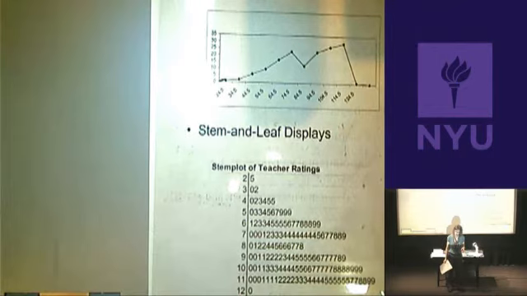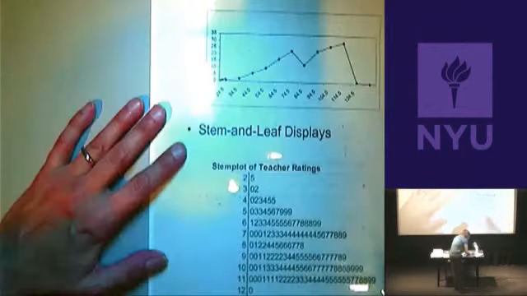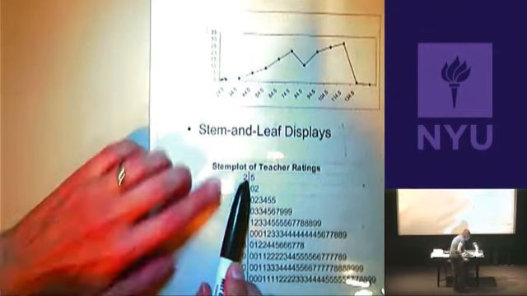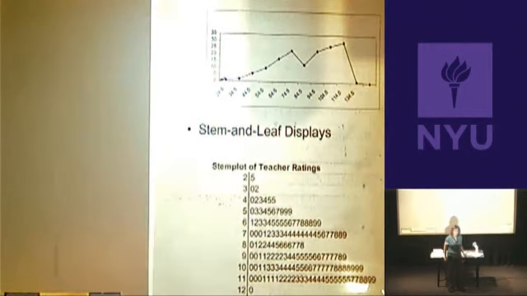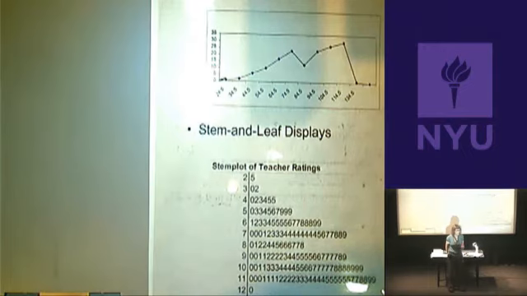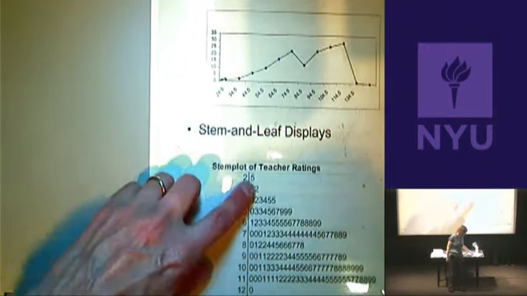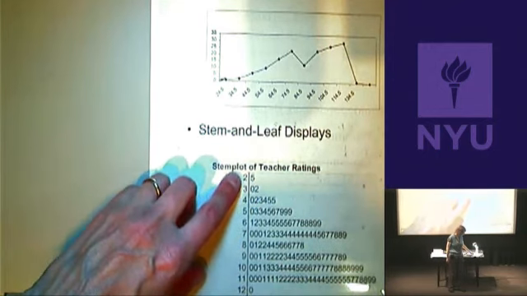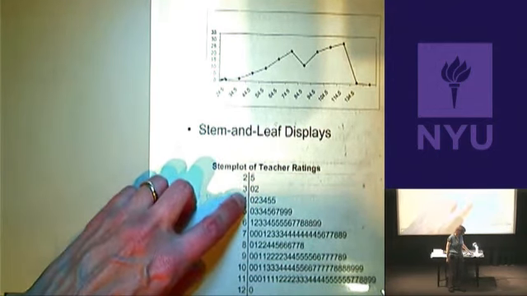Okay? Look at the first one, a 2 and a 5. What that means is that there was one kid who scored a 25. Because there's a 5 here, that 2 represents 20. If we go to 3 here, this means that one kid scored a 30 and one kid scored a 32.